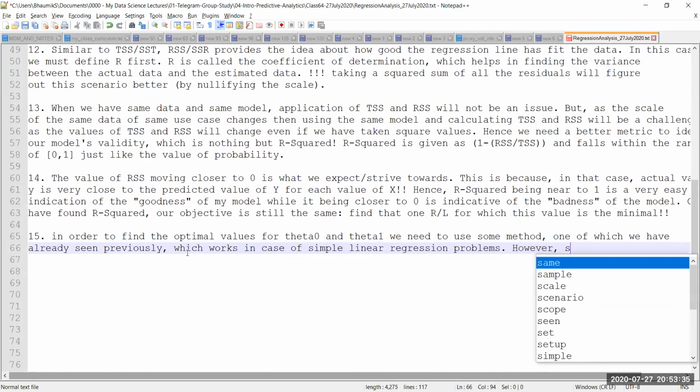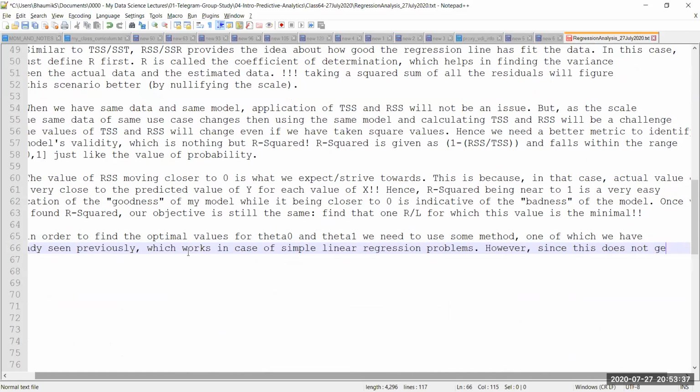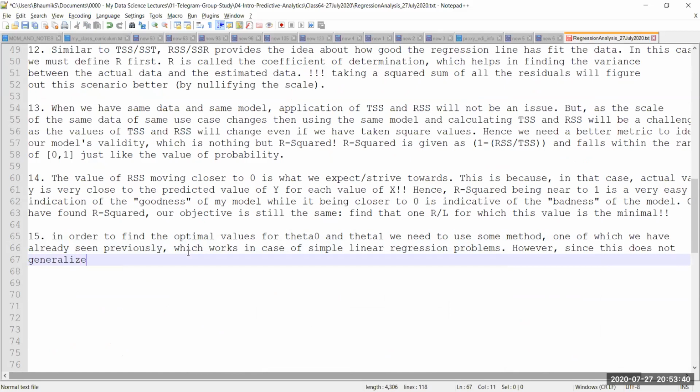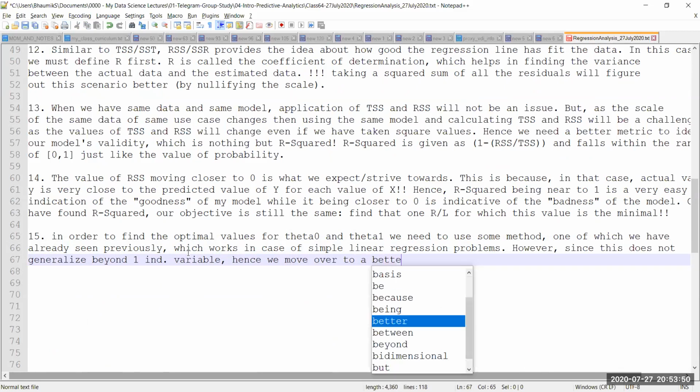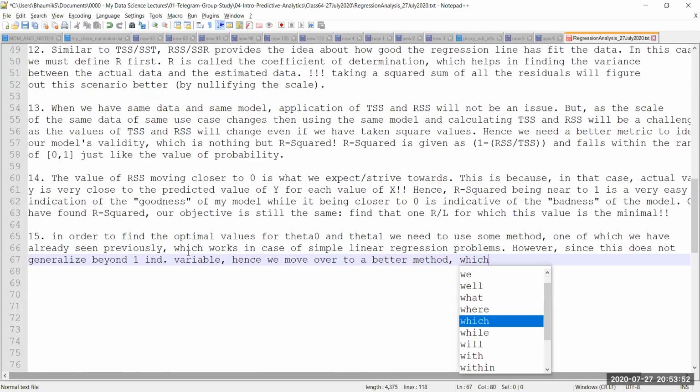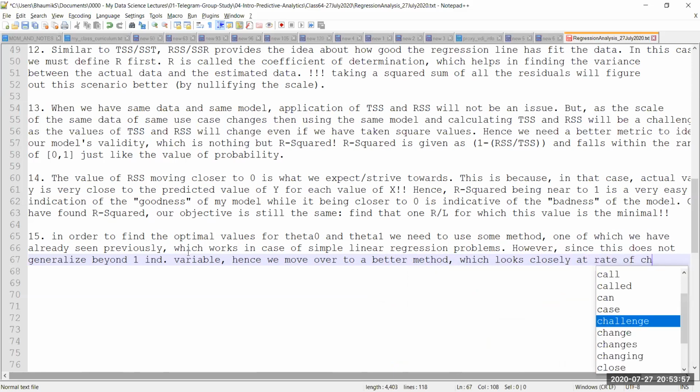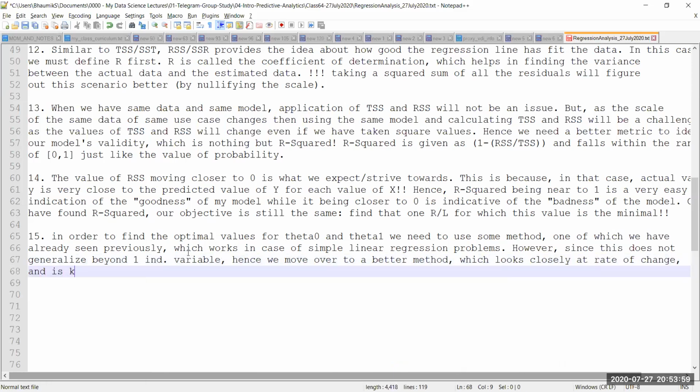However, since this does not generalize beyond one independent variable, we move over to a better method which looks closely at rate of change and is known as gradient descent.